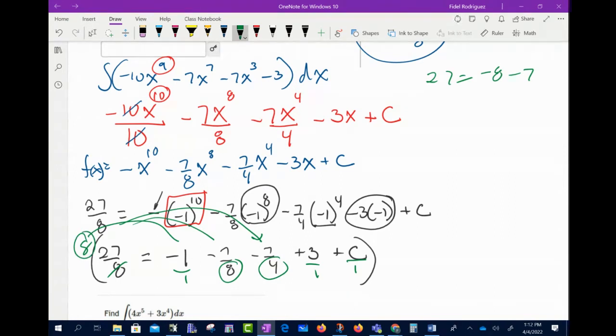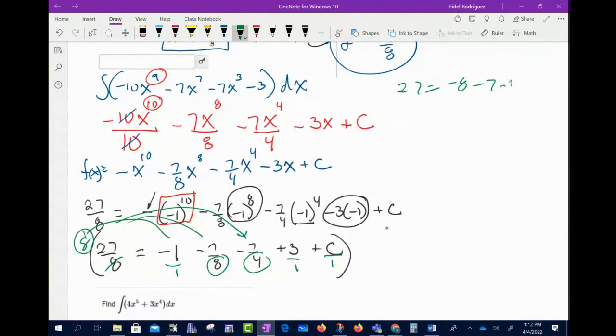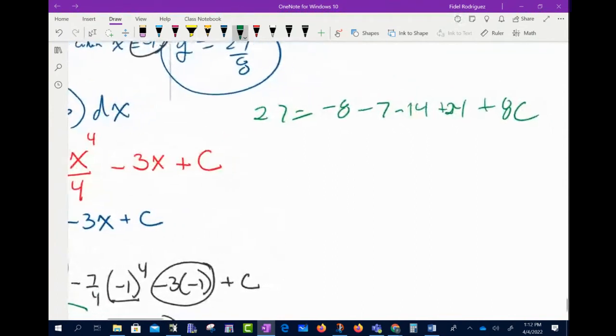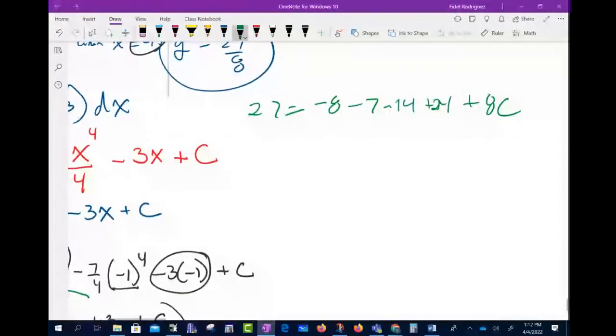And 2 times negative 7 is a negative 14, good. Okay, what's 8 times 3? 24. And then 8 times C would just be 8C. So look, y'all, look what I have. I have 27 equals negative 8 minus 7 minus 14 plus 24 plus 8C.